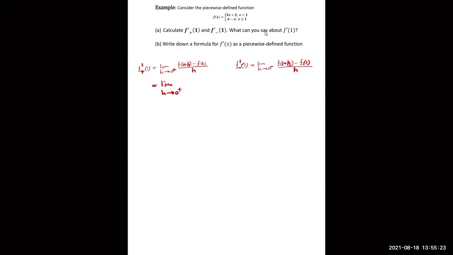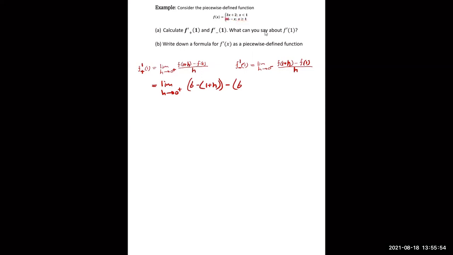So if I do that, you get 6 minus 1 plus h. I'm just plugging 1 plus h in this function. Okay, that's all I'm doing. So that is f of 1 plus h. Don't forget, I have minus f of 1. To find f of 1, I have to plug in 1 in my function. So I have to plug in 1 in this piece of function, because this is valid when x is greater than or equal to 1.